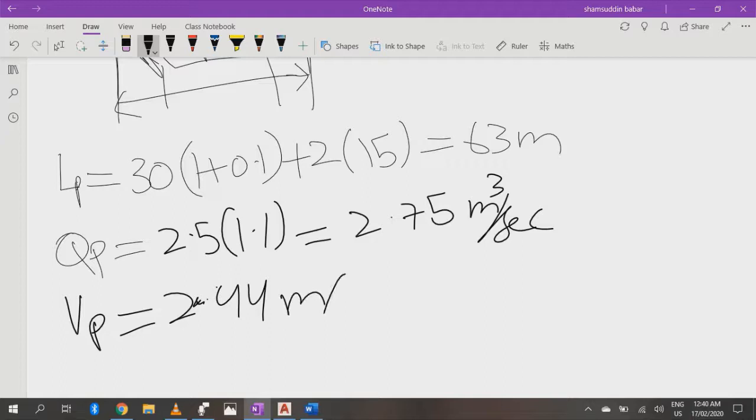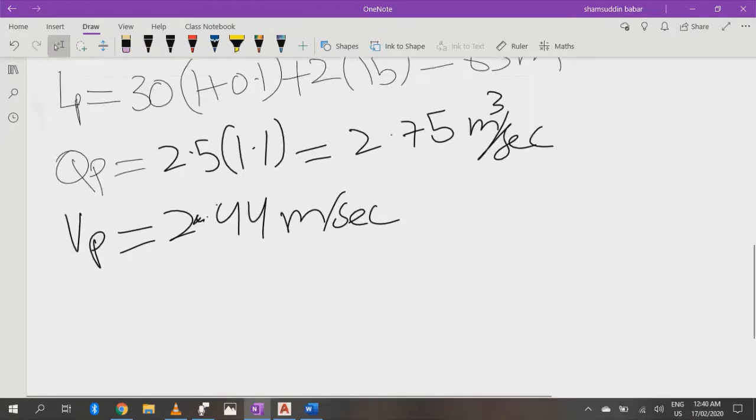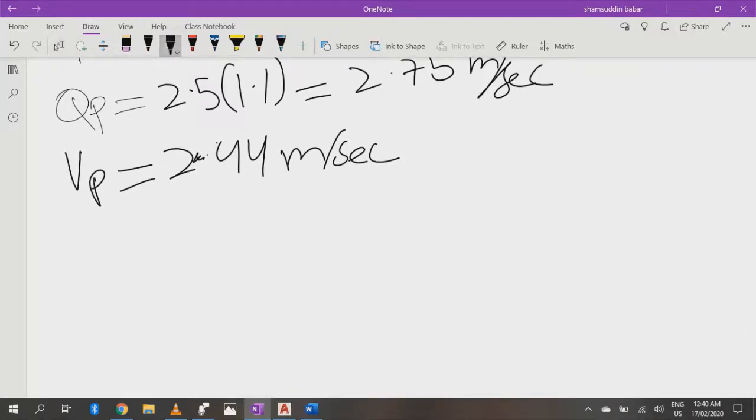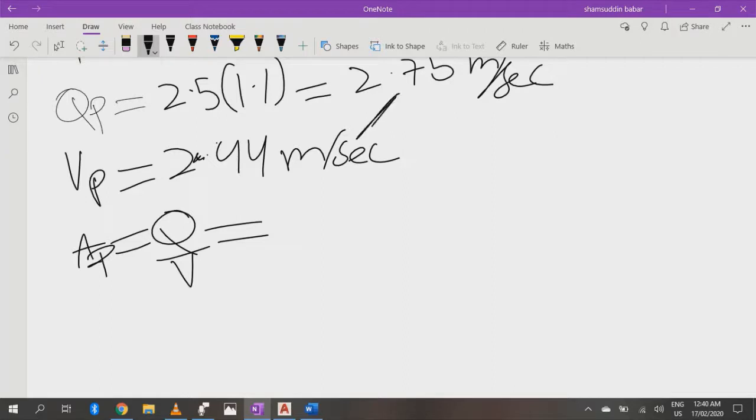Now we knew that this area is equal to discharge per unit velocity, and these two will make about 1.02 meter square, and our cross section will be like this.